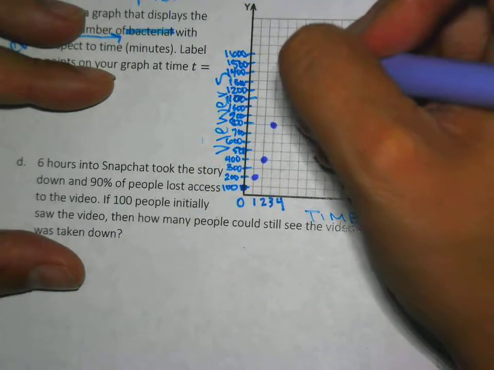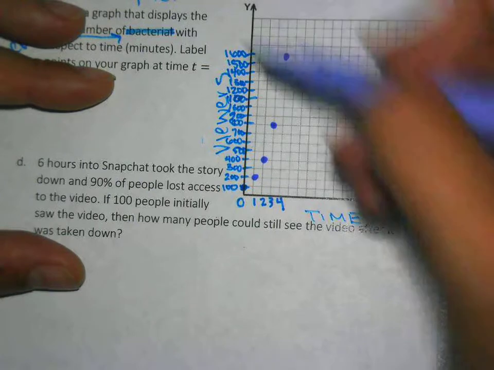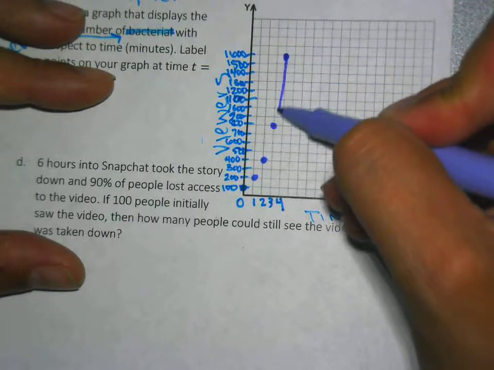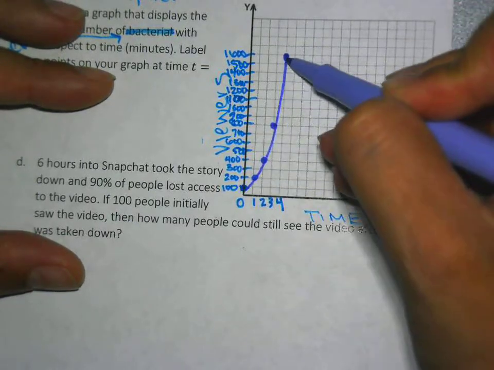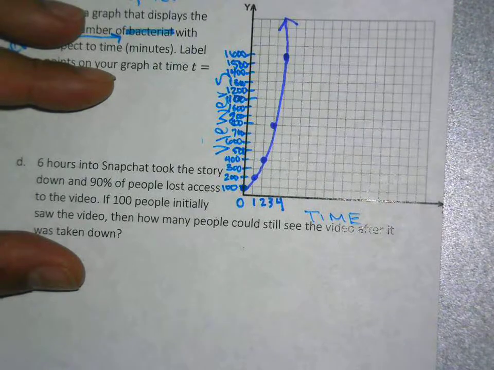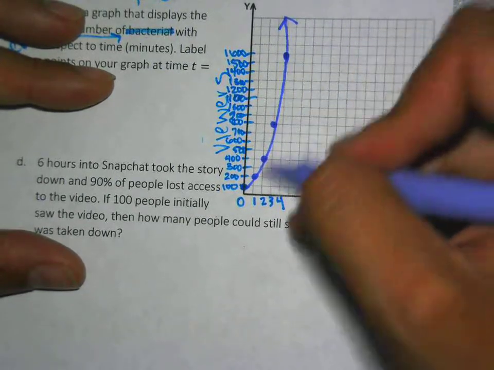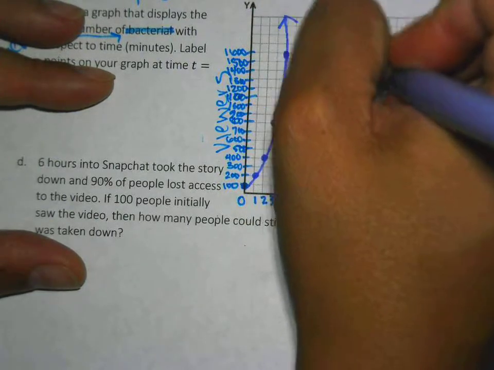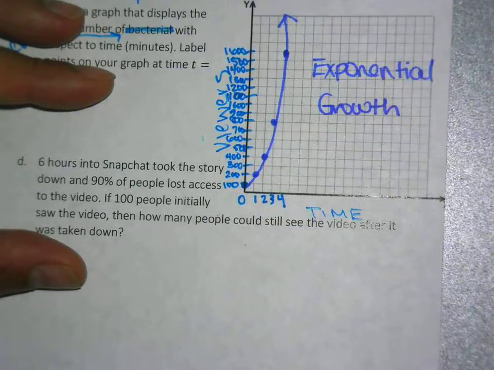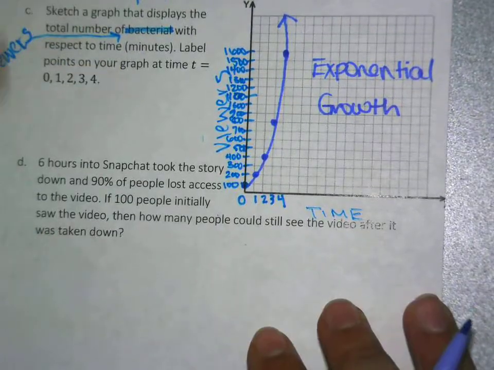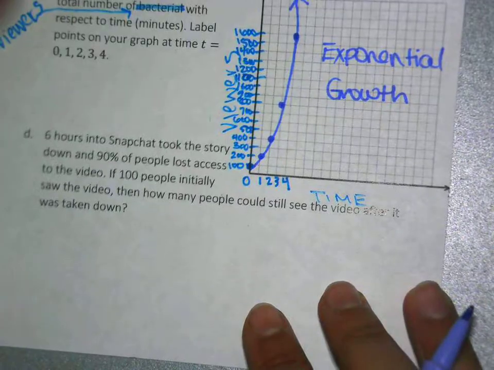And at 4 minutes, there were 1,600 viewers. So now I'm going to connect my points in a nice curve because exponential functions are curving. Because this is going up, this is an example of exponential growth. Just a reminder.